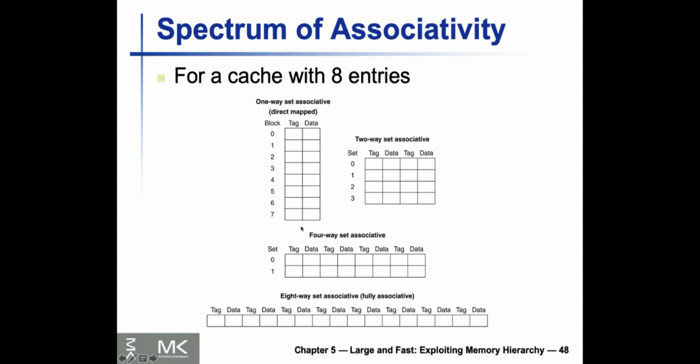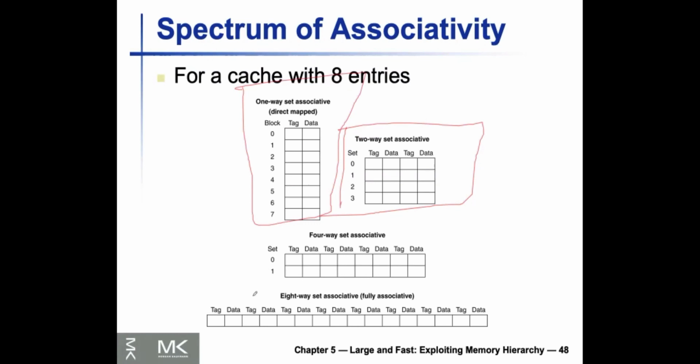Here we had eight blocks, right? So we can distribute it either as one-way set associative or a two-way set associative. So each of those can be placed in the sets 0, 1, 2, and 3 because you have two-way sets. So you can have four of these sets. Four-way set associative is each of those tag data are going to be placed in one of those, 0 or 1. You have 4 options now.